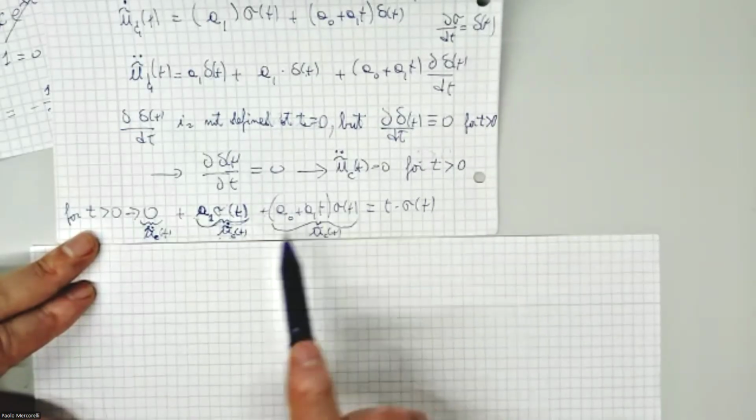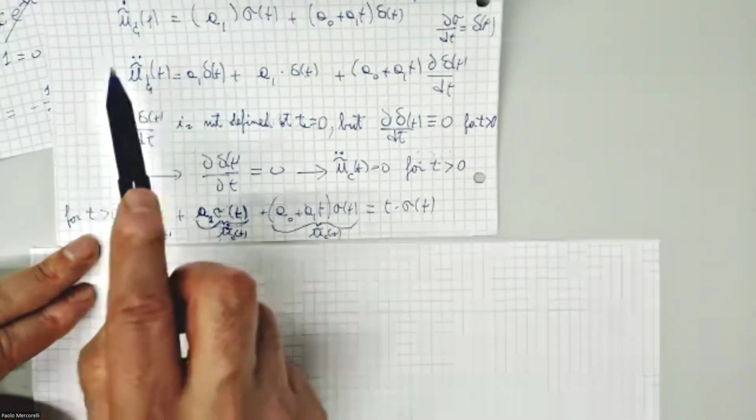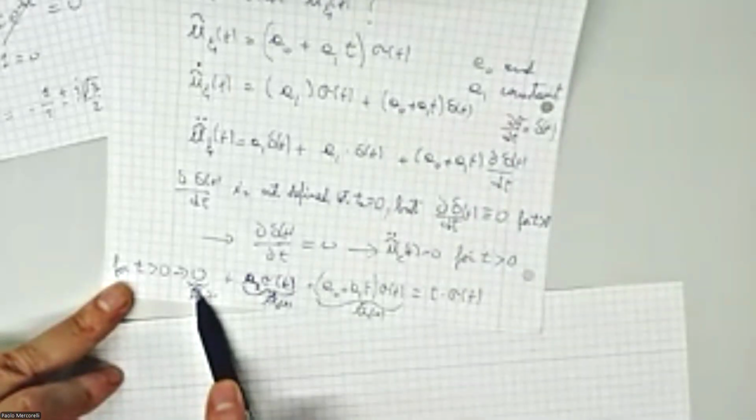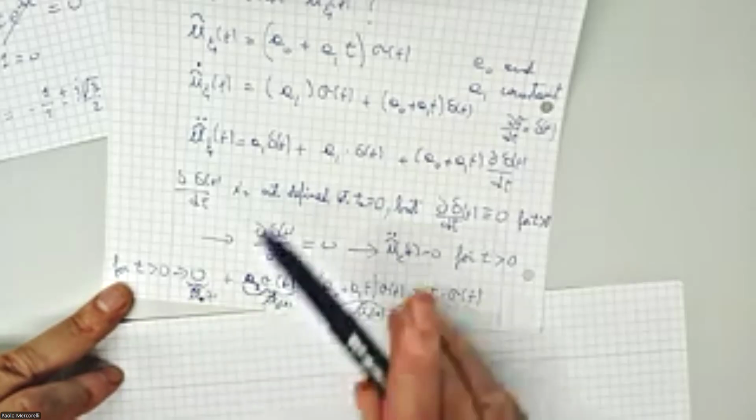This means if I plug in now this, this and this here, I will obtain 0, and then tilde dot dot.